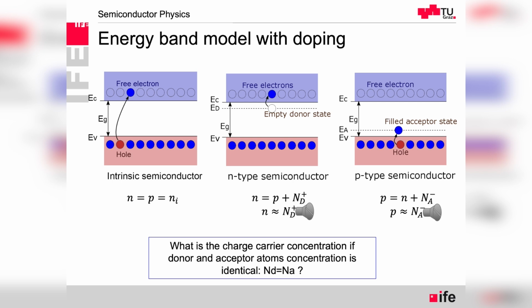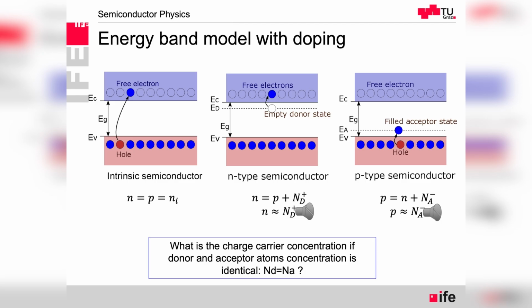We see here a slide with the energy band model, where we have an intrinsic semiconductor and an N-type and P-type semiconductor. So in one slide, we have the intrinsic and the extrinsic semiconductors of both types, N and P-type.